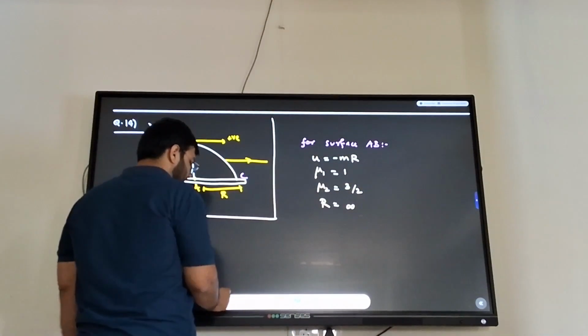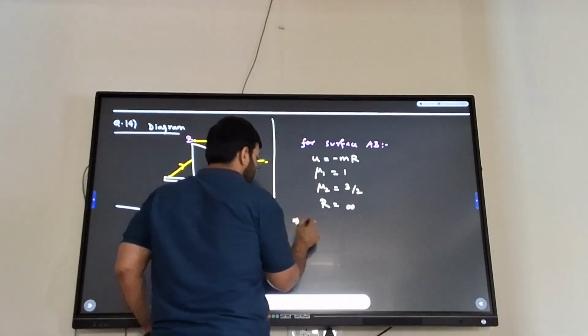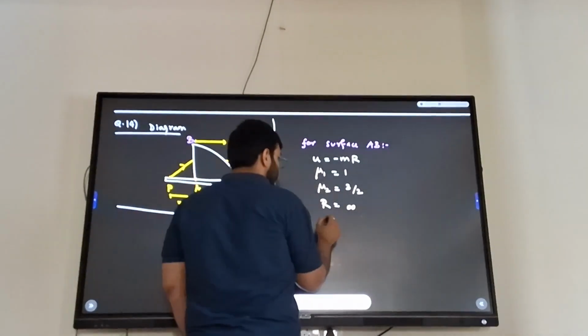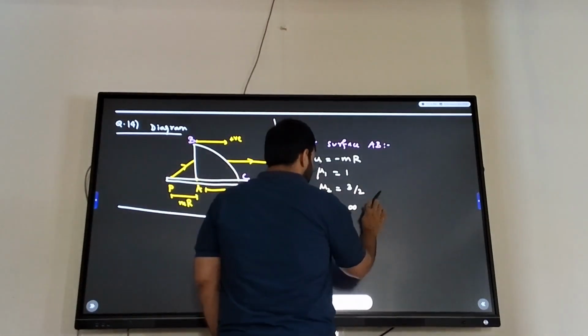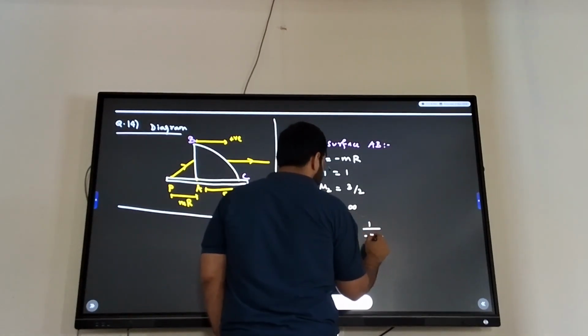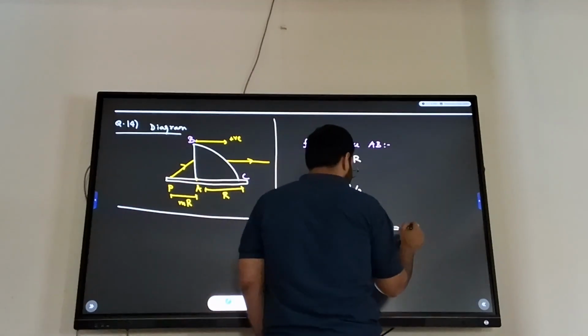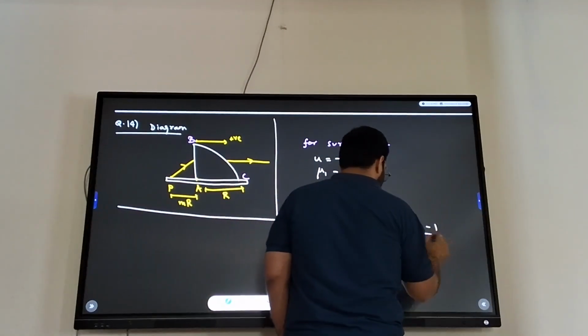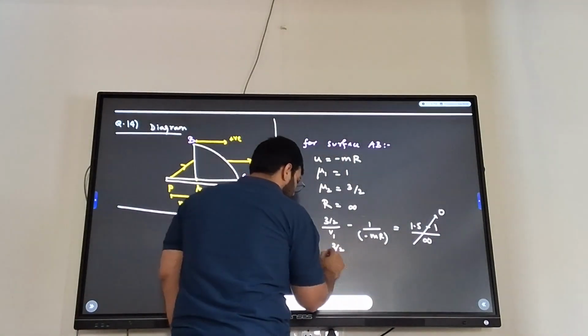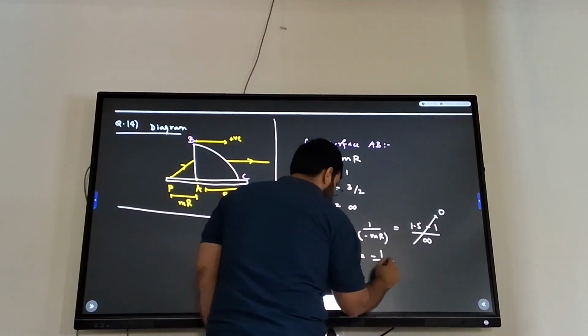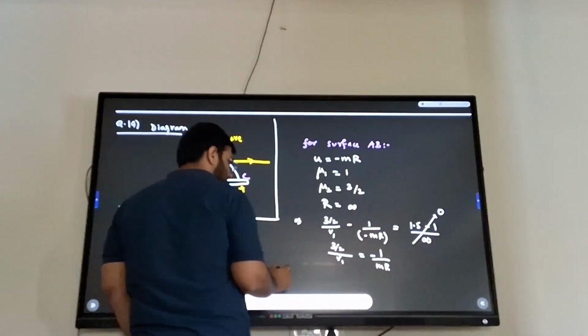And then let me try to find v. Then what will v be? So mu2, that's 3 by 2 by V1, minus 1 by minus mr, is equal to 1.5 minus 1 divided by infinity. This goes to 0. So what is this? Minus 1 by mr. And what is V1?